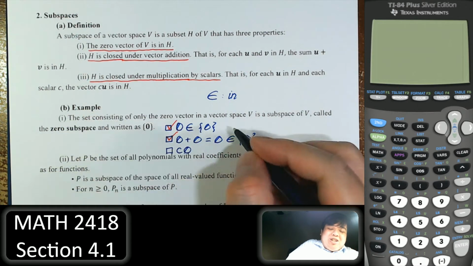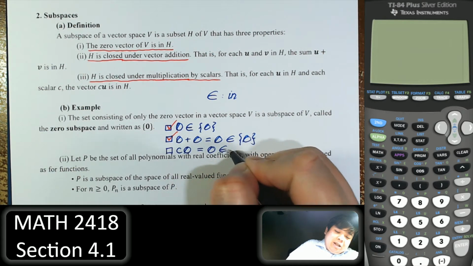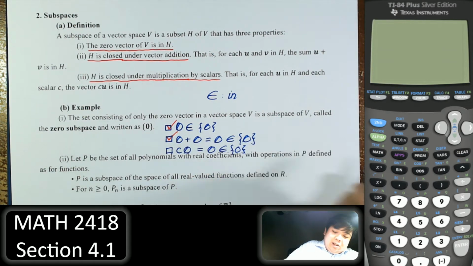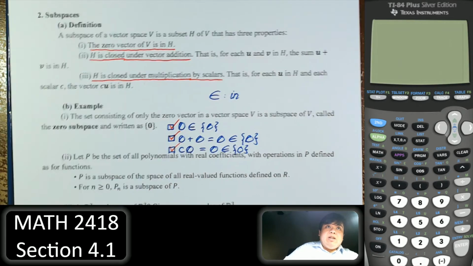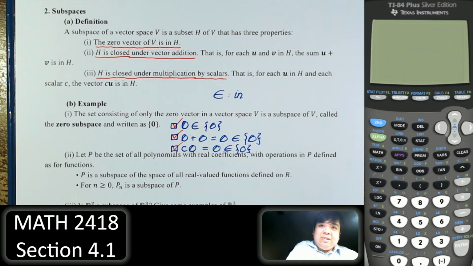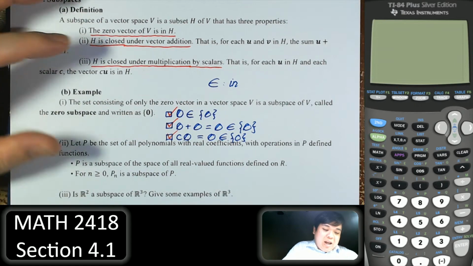It's only 0 in this case. That is also 0, and because 0 is in the set, it is a subspace because it satisfies all 3 of these properties. We will prove this in more examples later.